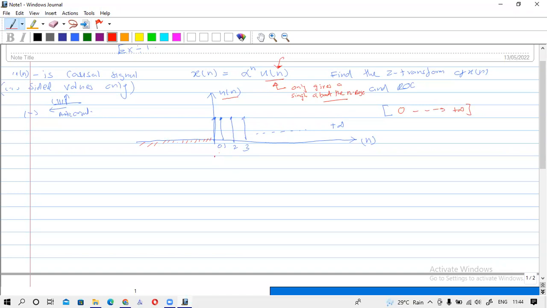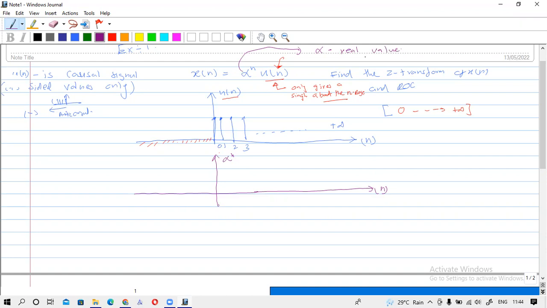So if you get the alpha^n signal, this is n and this is alpha^n. This alpha is a real value. Let's say it is a real value.